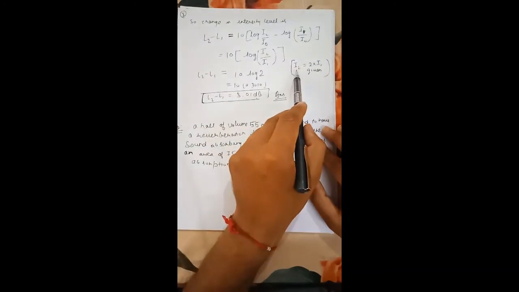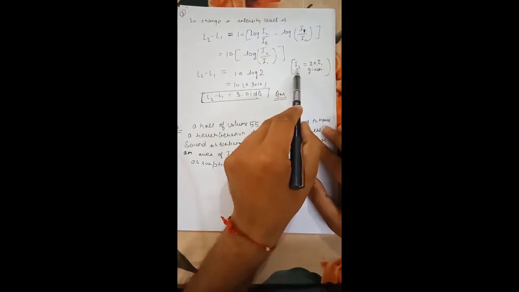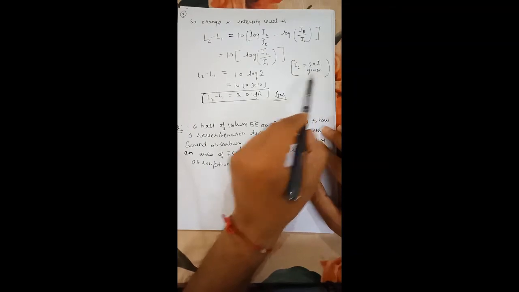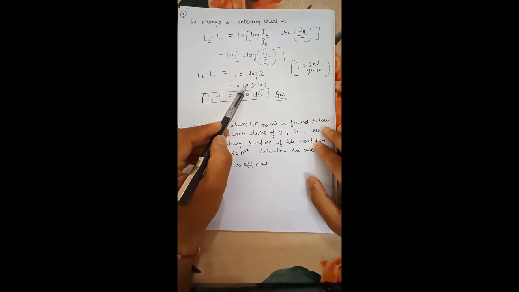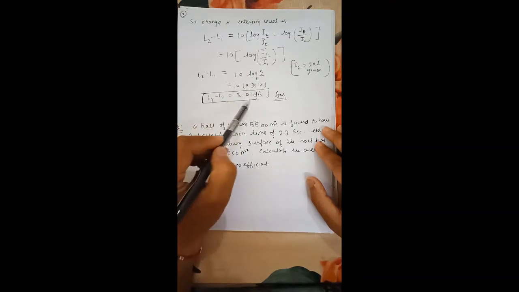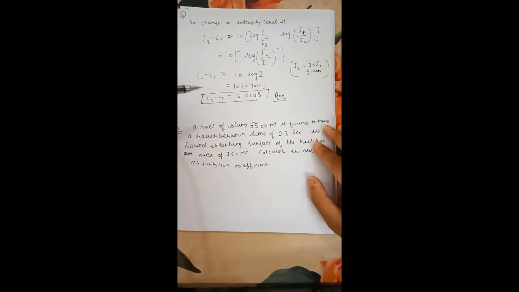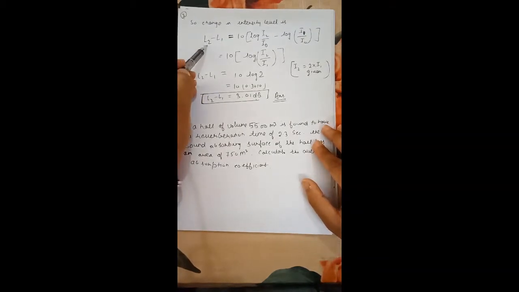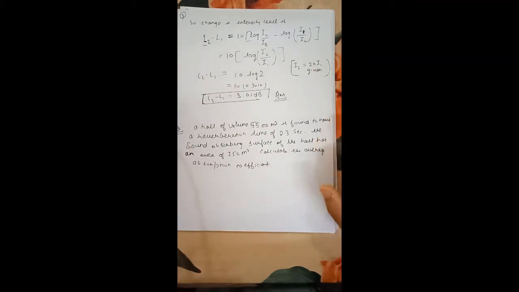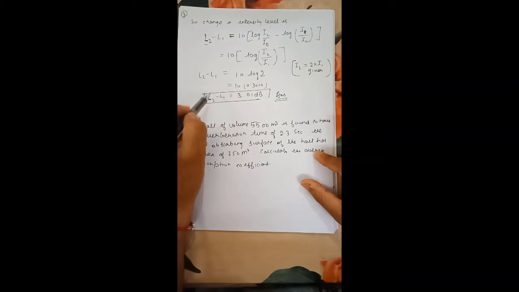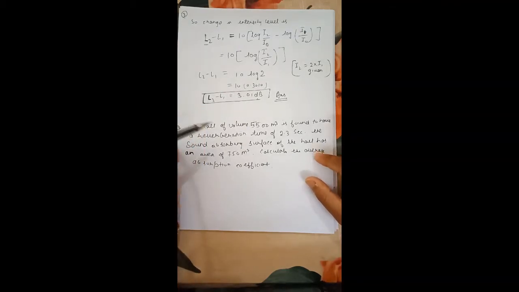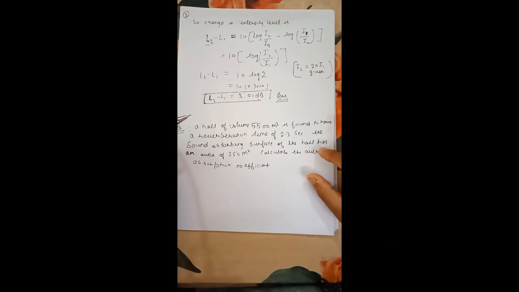Now because I2 is equal to 2 I1, the increased intensity is double, we calculate 10 into log 2 value, which is about 0.3, and get the change in intensity level. Here L denotes the intensity level in decibel. So whenever we use L and this type of formula, the intensity changes in decibel, the sound level.